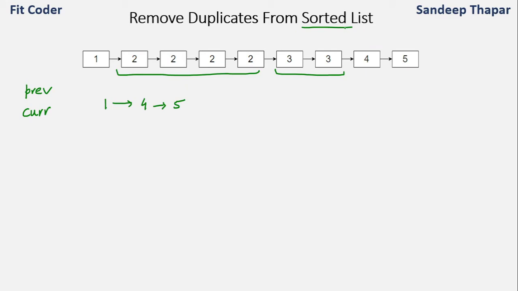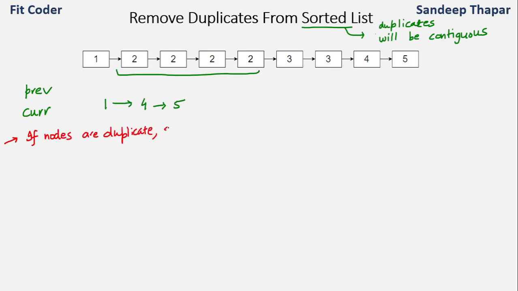When the list is sorted, the duplicates in the list will be contiguous. So whichever nodes have the same value will be together because the list is sorted. So whenever we see that nodes have duplicate values, we need to skip them.